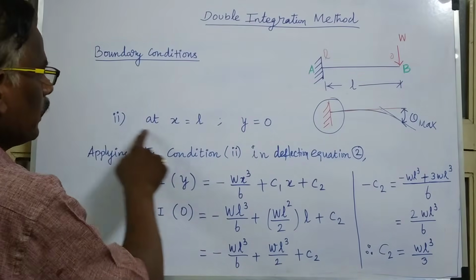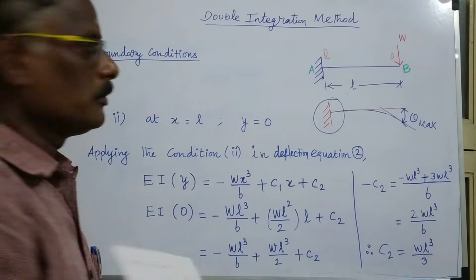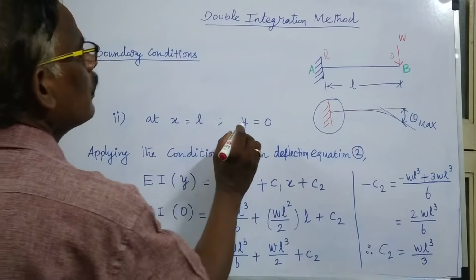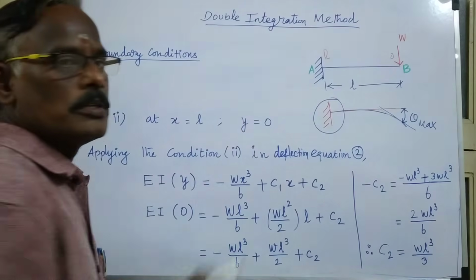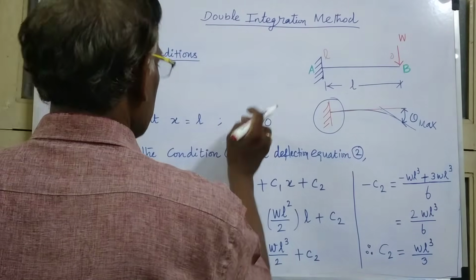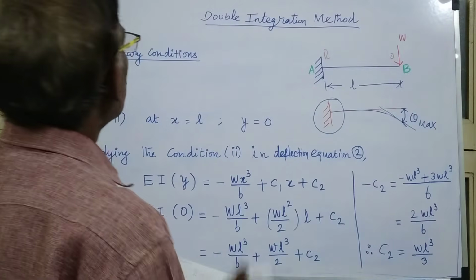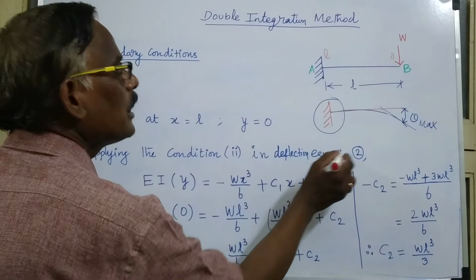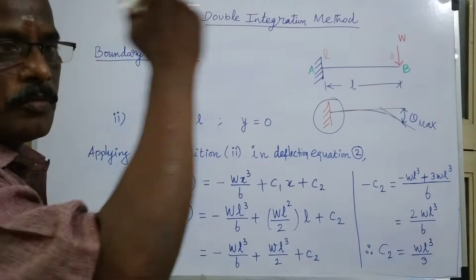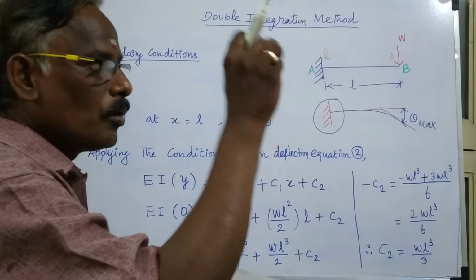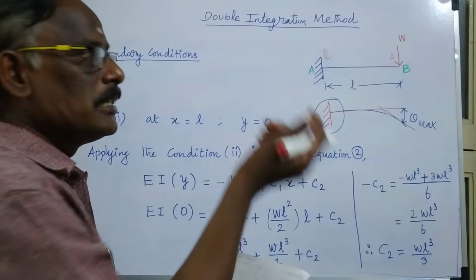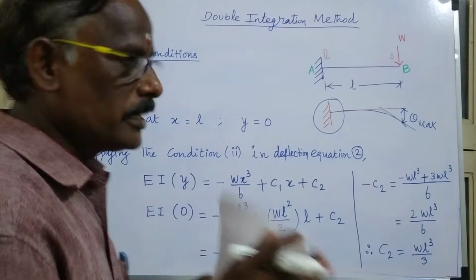Now applying the second boundary condition, right? What is the second boundary condition? At x is equal to L, deflection y is equal to 0. Applying this deflection condition in the deflection equation 2. We already applied the first condition to the slope equation, and the second condition goes to the deflection equation.